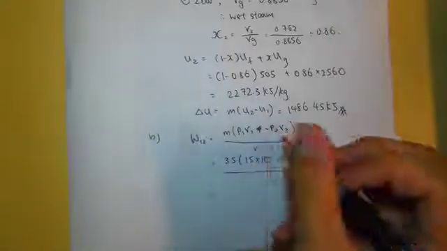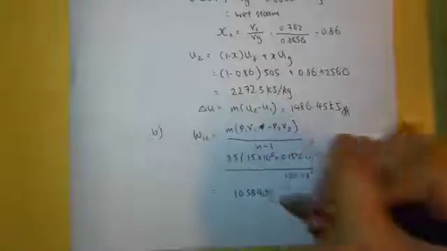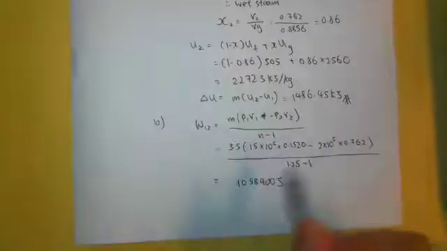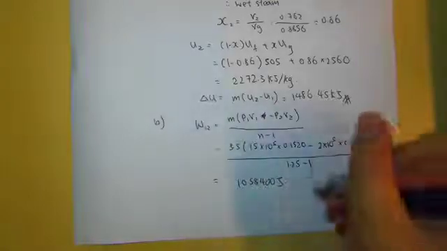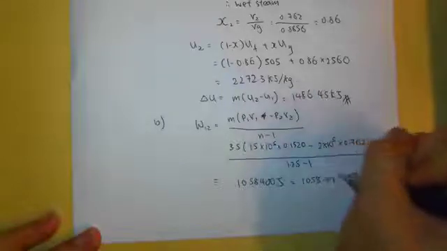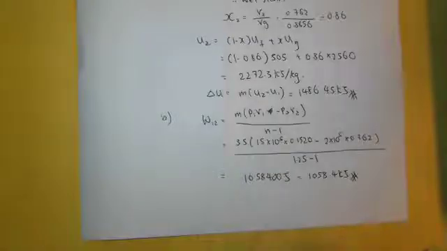So by punching in the calculator, you will get this value, 1058,400 joule. Because everything here is in SI unit, your final answer is in terms of joule, so please convert it back to kilojoule. So this is the answer.